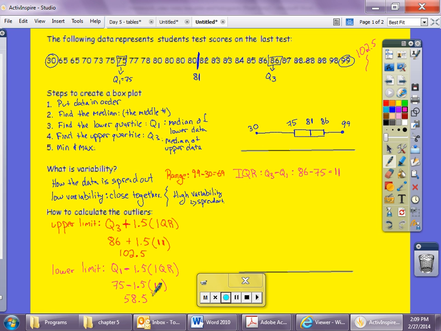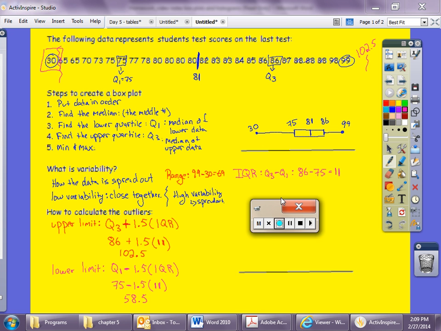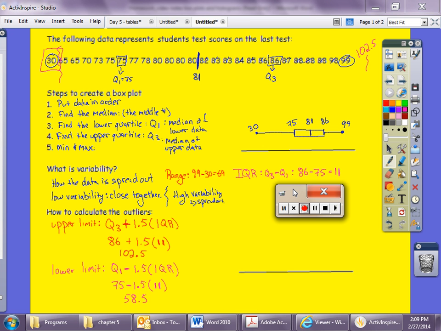That means no values can be below 58.5, which means that 30 is an outlier, because it is below the lower limit.